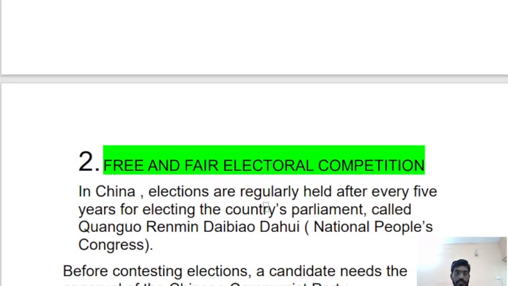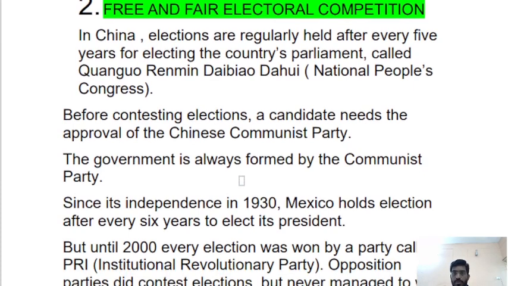Okay, and the second feature is free and fair elections. Yes, we discussed so many examples. In China, if anybody wants to contest in the elections, they have to take permission from the Communist Party. Which party? Communist Party.